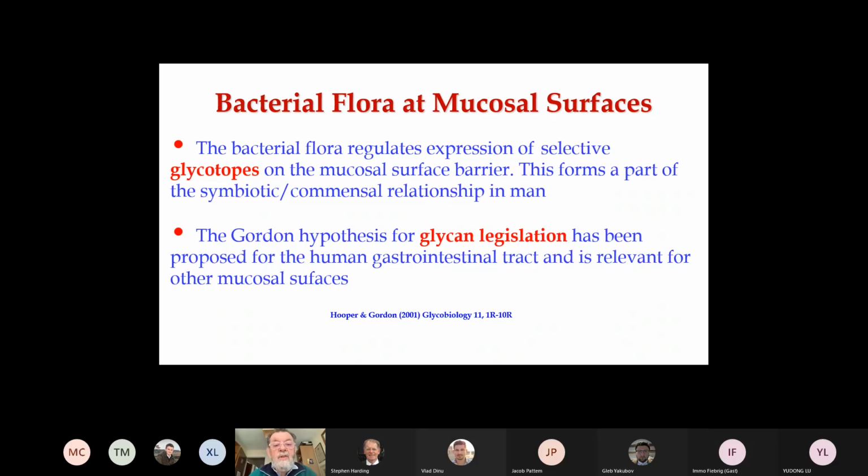This has been termed the glycan legislation, and Jeffrey Gordon in the States proposed this for the human gastrointestinal tract, but of course it's relevant for other mucosal surfaces as well. So next one, please.